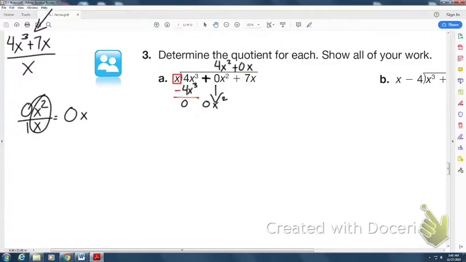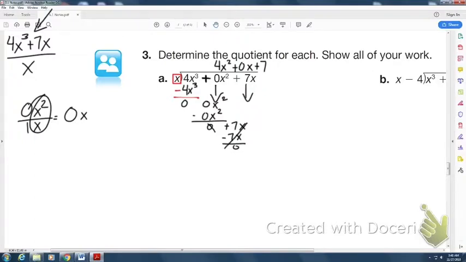That would give you 0x squared. Drop down 7x. And then 7x divided by x would give you 7. Multiply, subtract. You won't have a remainder on this one.